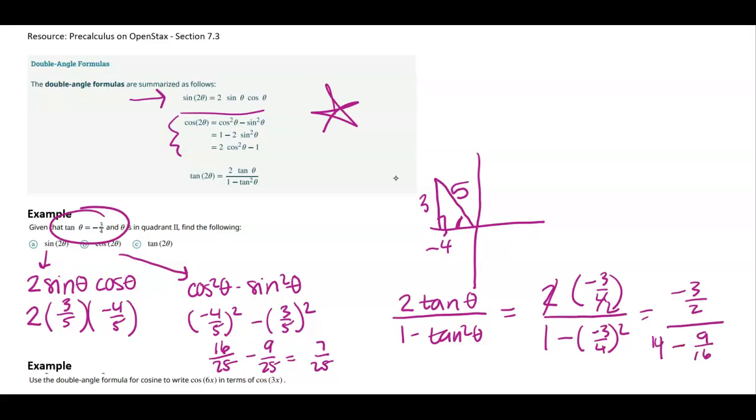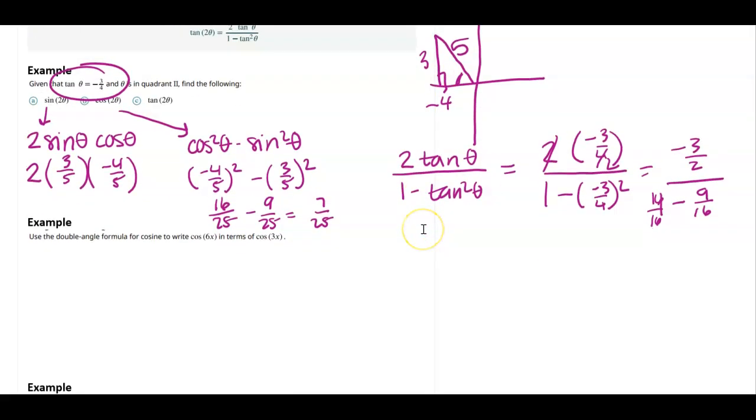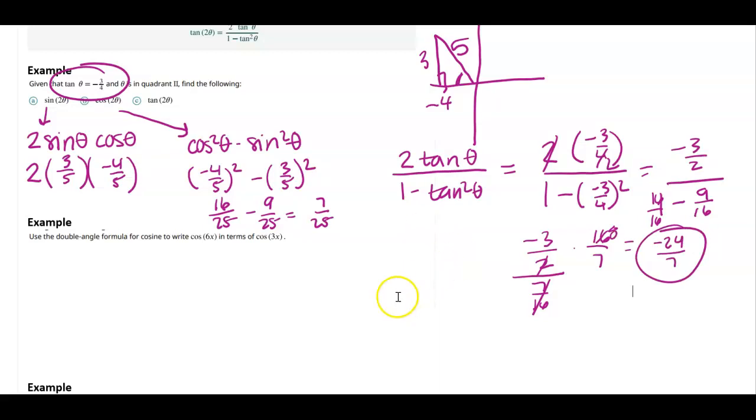That means the bottom, if I make this 16/16, is going to be -3/2 all over 7/16 multiplied by the reciprocal, and I end up getting -24/7 as my answer there.